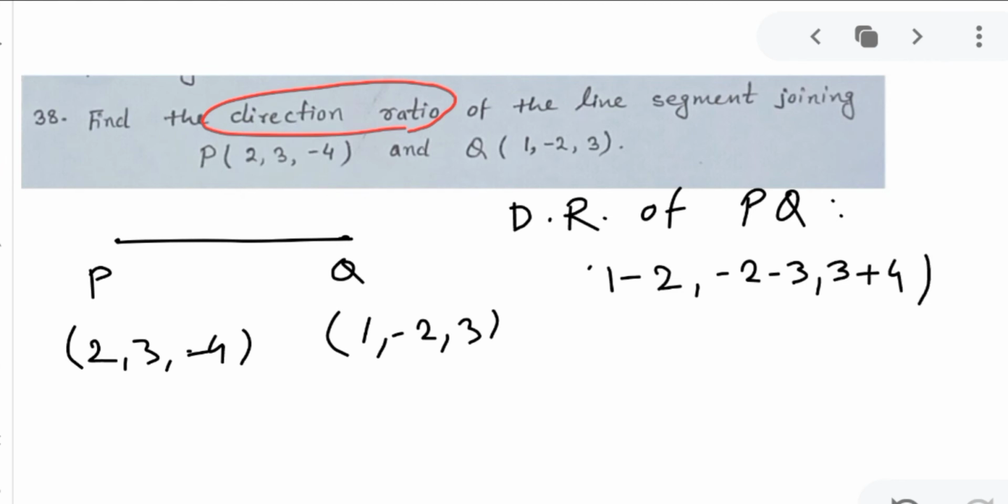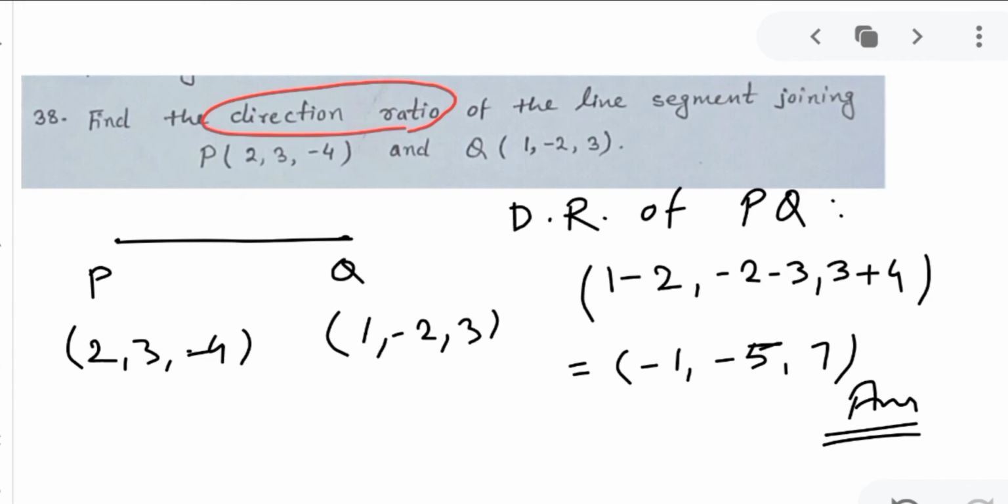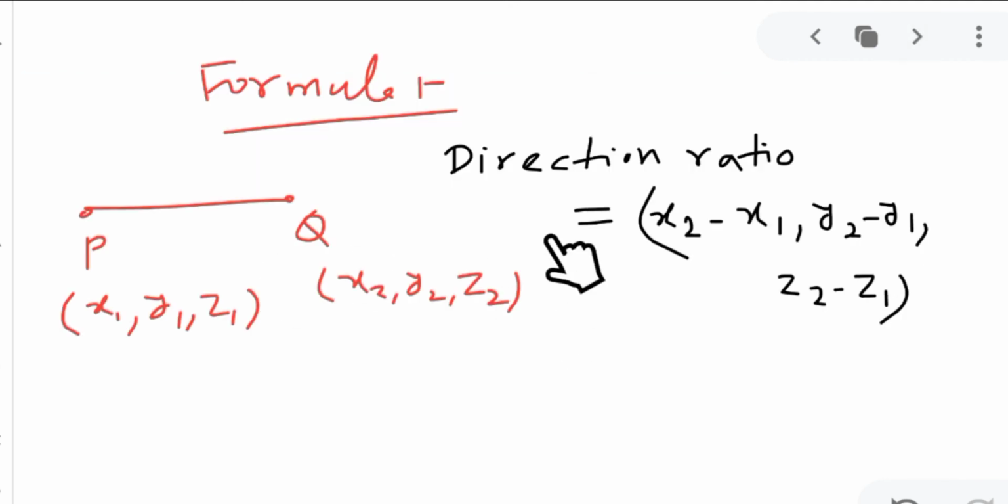So 1 minus 2 is minus 1, minus 2 minus 3 is minus 5, and 3 plus 4 is 7. So -1, -5, 7 is the direction ratio. Simple. This type of question they can ask also. This formula you will remember.